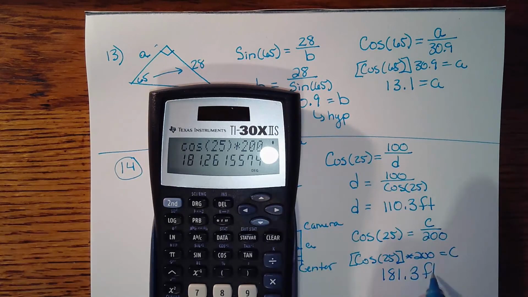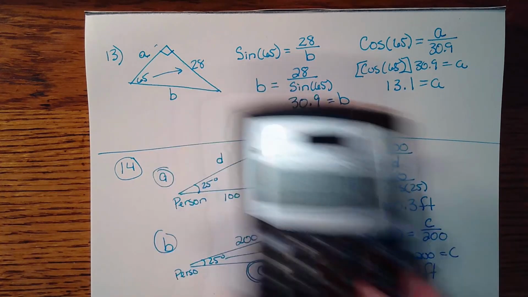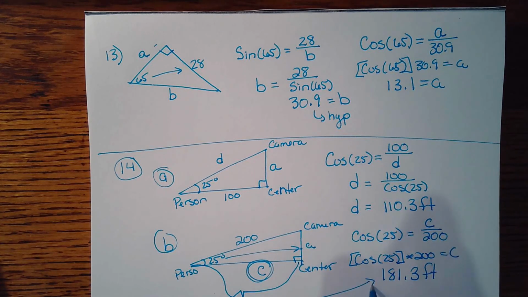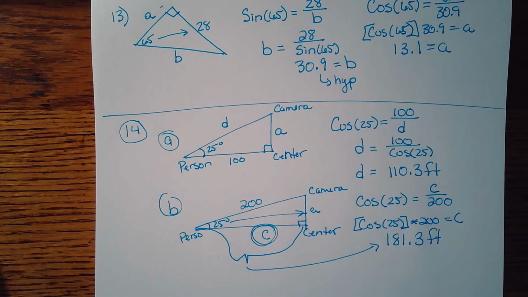So that is how far away I am from the person to the center. That is 181 feet, point 3 from what they have. Okay, so this is the end of cosine and sine for 9.5.